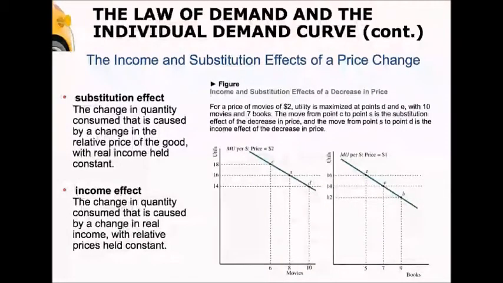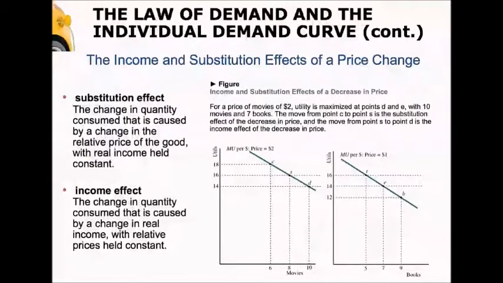This thought experiment is going to separate the substitution effect from the income effect. Now, the income effect is the change in the quantity consumed when your income changes. Now, what's happening is our real income is actually changing. Because the prices have gone down, we can afford to buy more with the same budget and the same income. So let's get rid of the income effect.